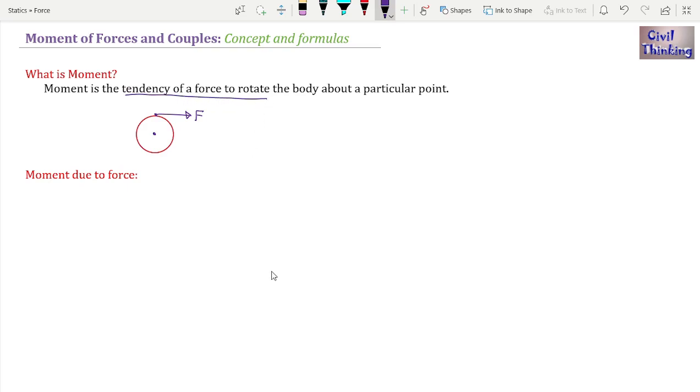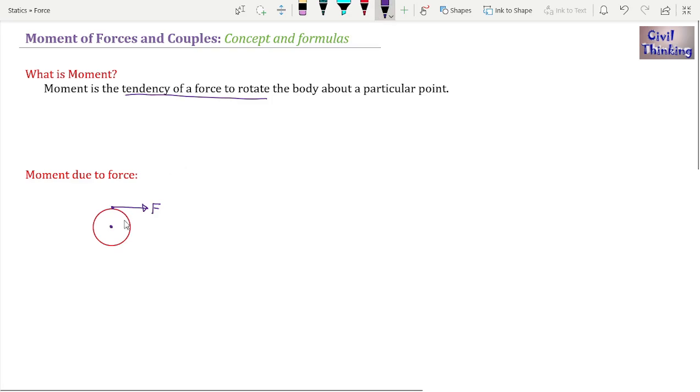Now let us go into the moment due to force. If I consider this same body here, let me say we want to find the moment at this center point, and the center point is at a distance of x from this point.